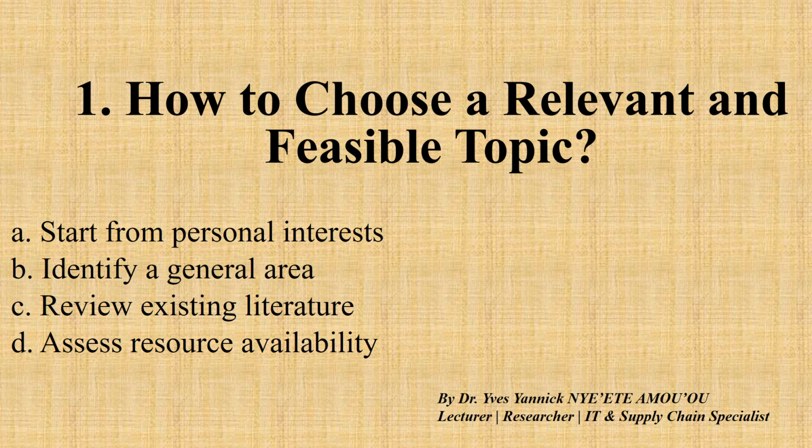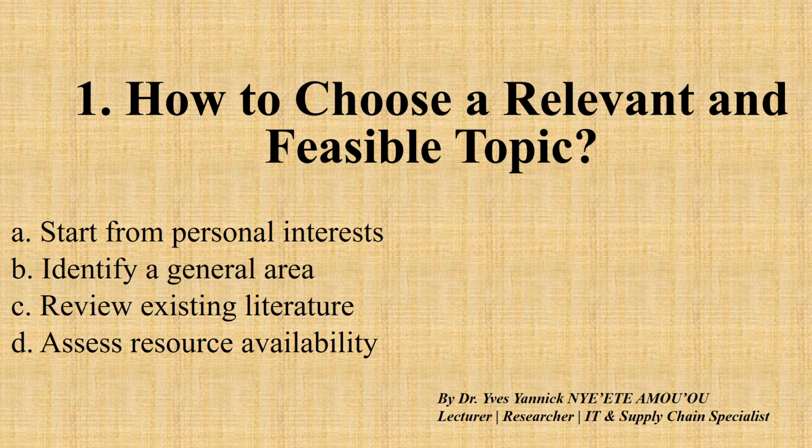In this first section, we explore the key step for selecting a research topic that is both meaningful and achievable. There we have 4 major elements: A, B, C, and D. In A, we have start from personal interest.